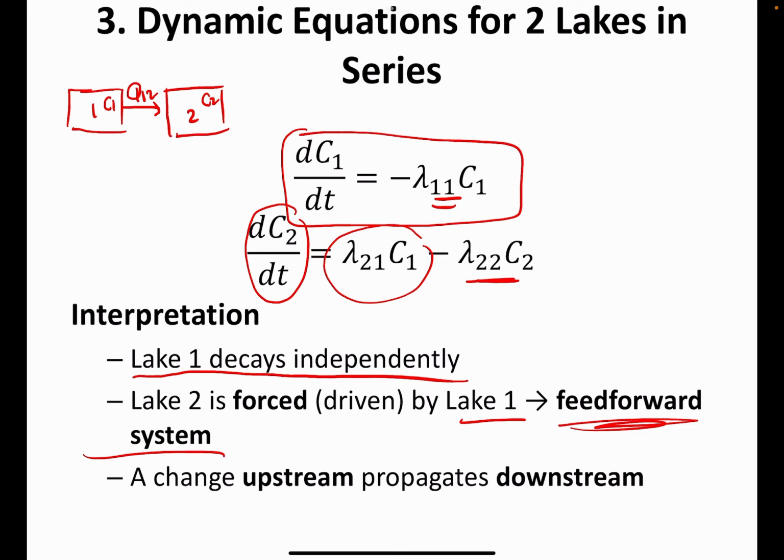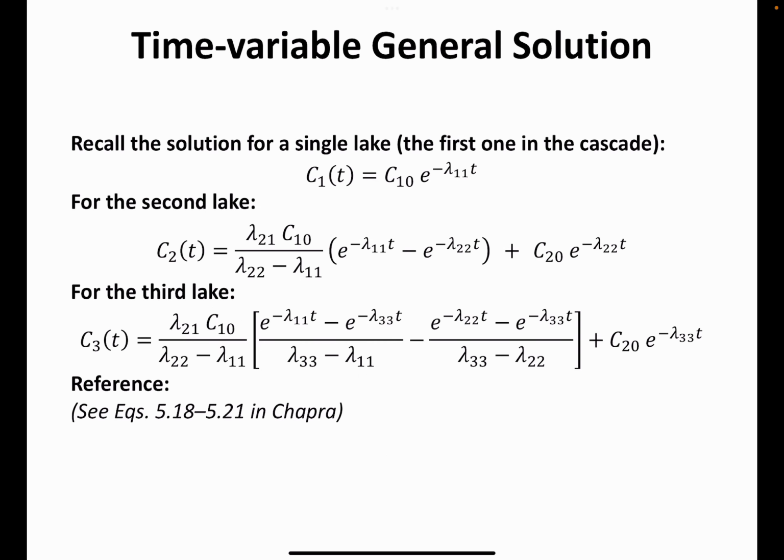Of course, a change upstream propagates downstream. Later on, let's check the time variable solution. This would give you the solution for the single lake. Remember the single lake from the previous lecture?